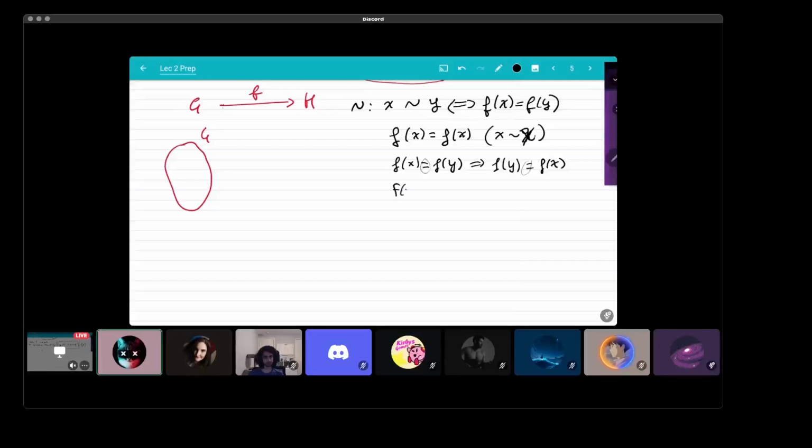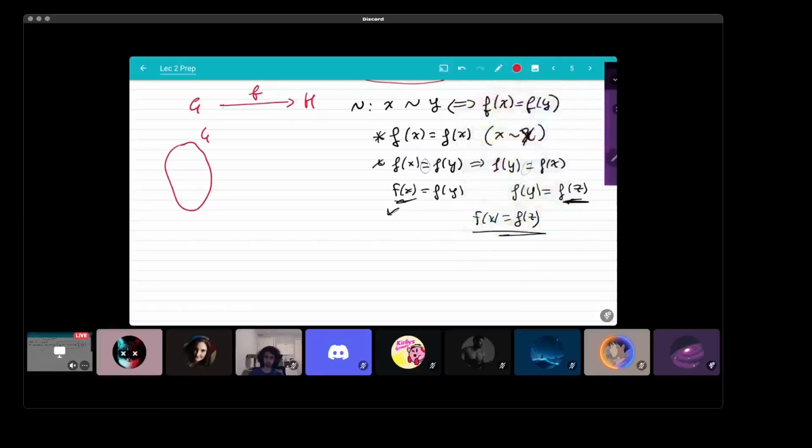If I have x being similar to y and y being similar to z, I can deduce the same for x and z, and so it does satisfy the three conditions, so it is an equivalence relation.